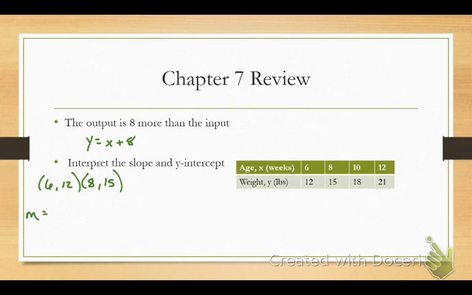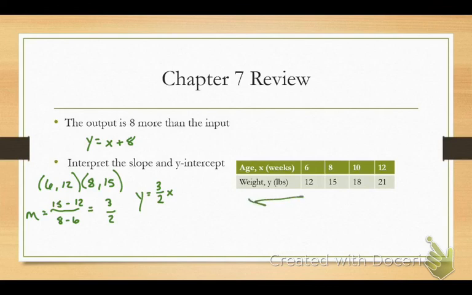What numbers do I subtract in the numerator? Yeah, y2, which is 15, minus y1, over x2 minus x1. What's 15 minus 12? 3 over 2. Okay, so y equals 3 over 2 x, but now I need my y-intercept.